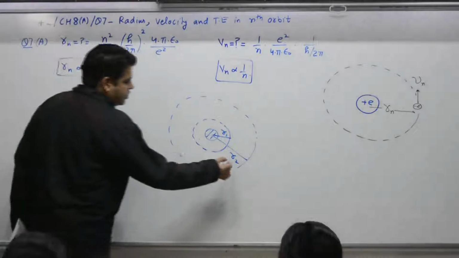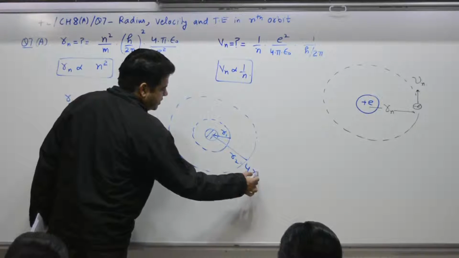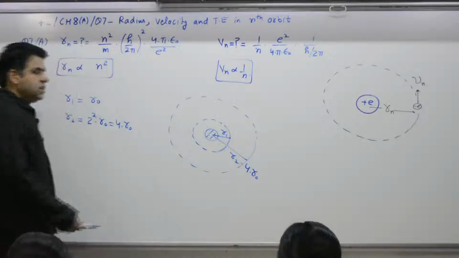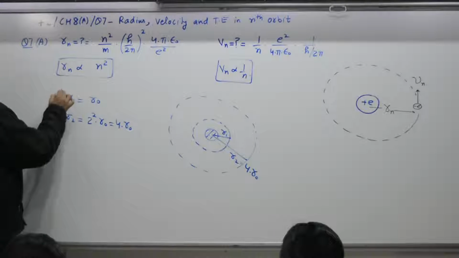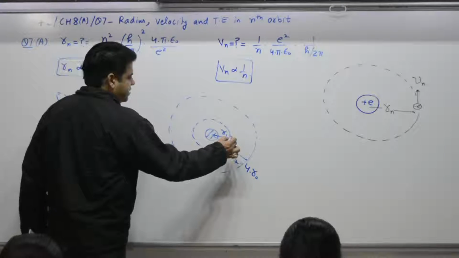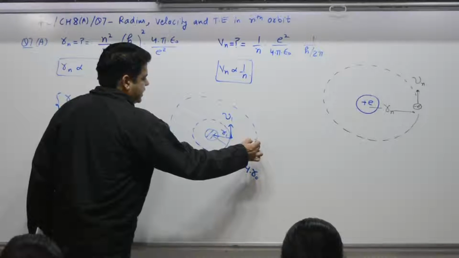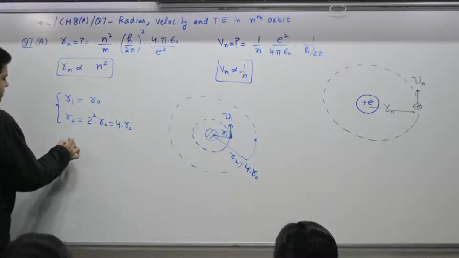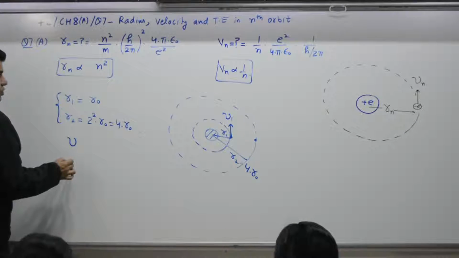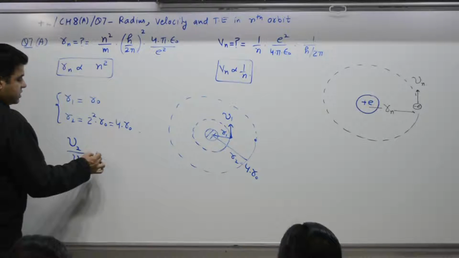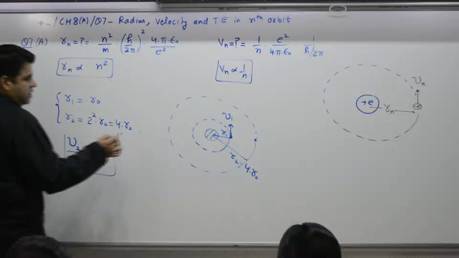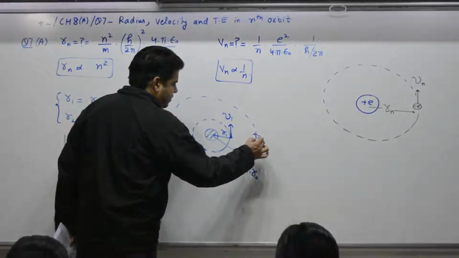That means r2 is 4 times r naught, or 4 times r1. What about speed? If speed in the first case is v1 and in the second case is v2, then vn is inversely proportional to n, so v2 by v1 is 1 by 2. That means v2 is half.